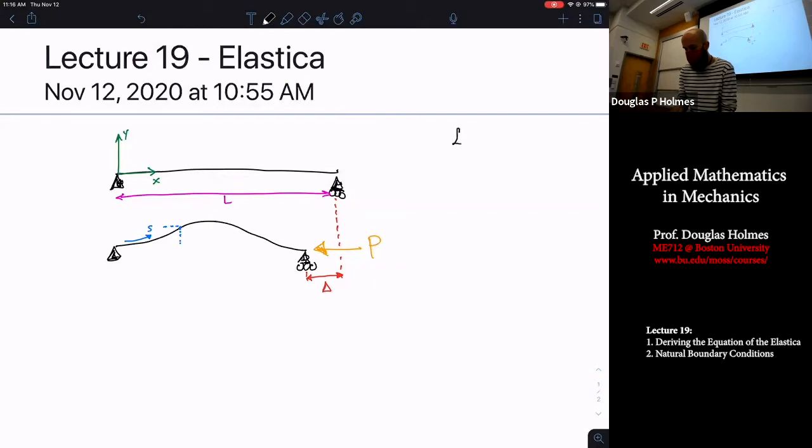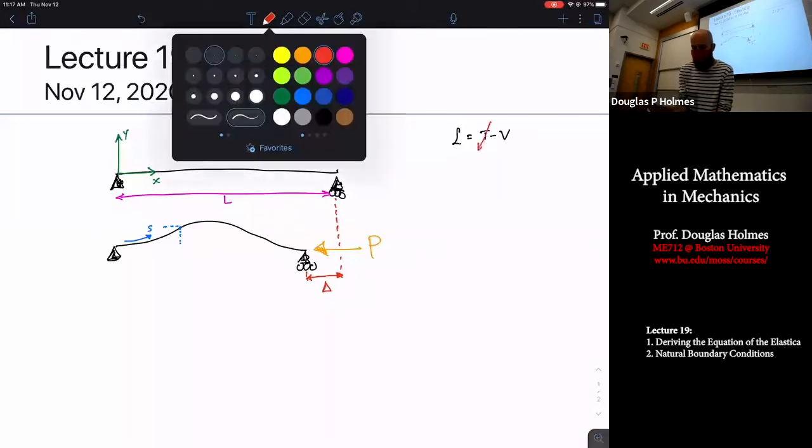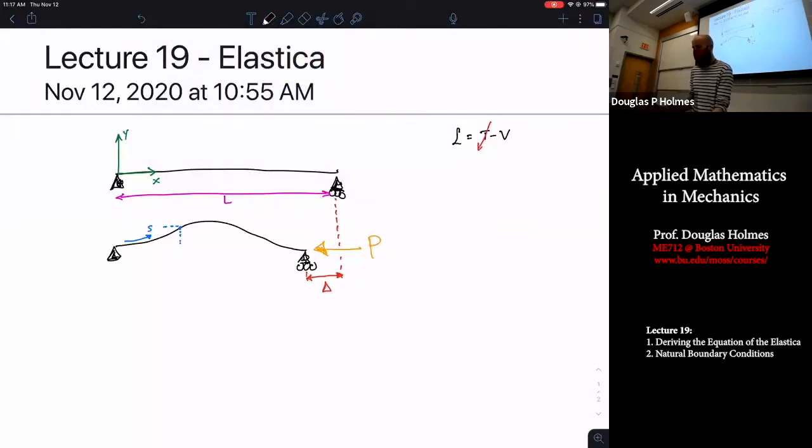And the Lagrangian is the kinetic energy minus the potential energy. One of the things that helps simplify problems in elasticity and in structural mechanics in general is to first do things as if everything is static and not concern ourselves with any kinetic energy. And so that means that we can throw away this term here, and we just have to investigate what the potential energy is.